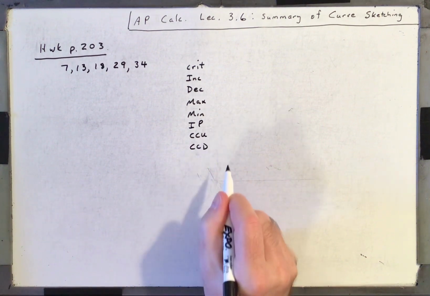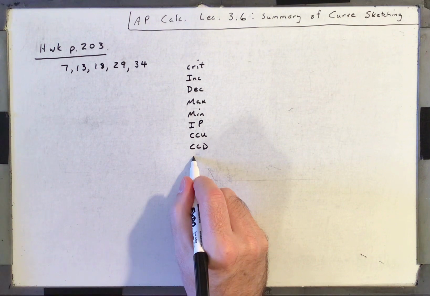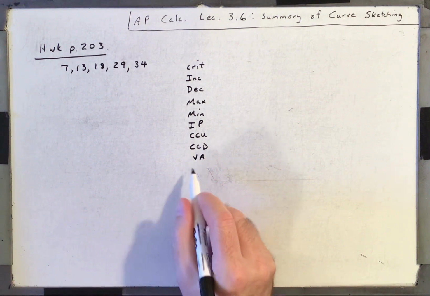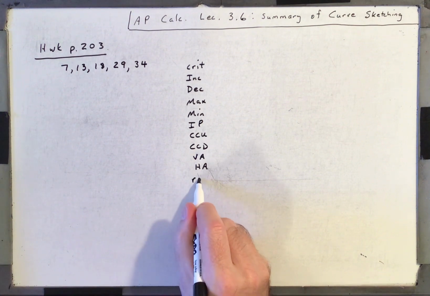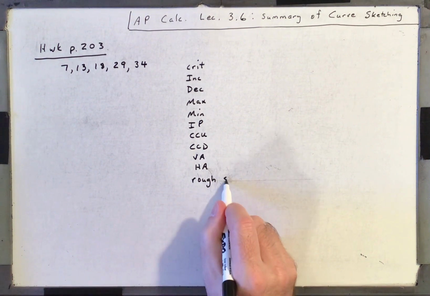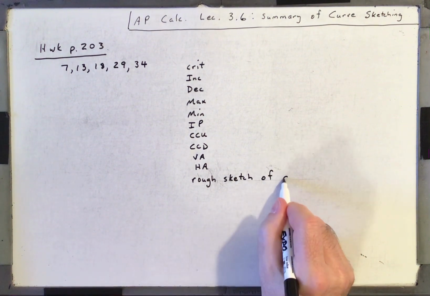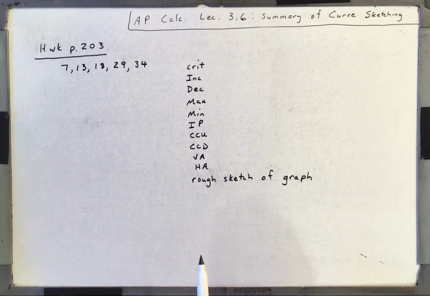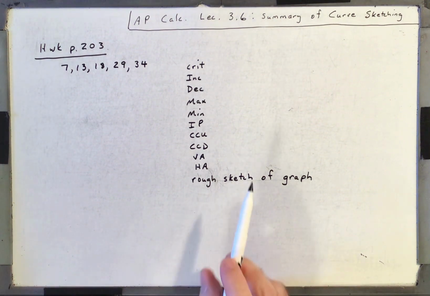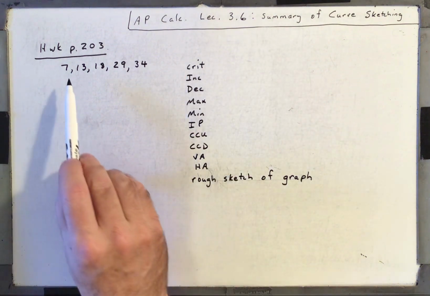Where is it concave down? And then vertical asymptotes, horizontal asymptotes, and a rough sketch of the graph. So this prepares you for the two largest point problems on the test. There's two 16-point problems on the test where you have to do all this. So give it a go.